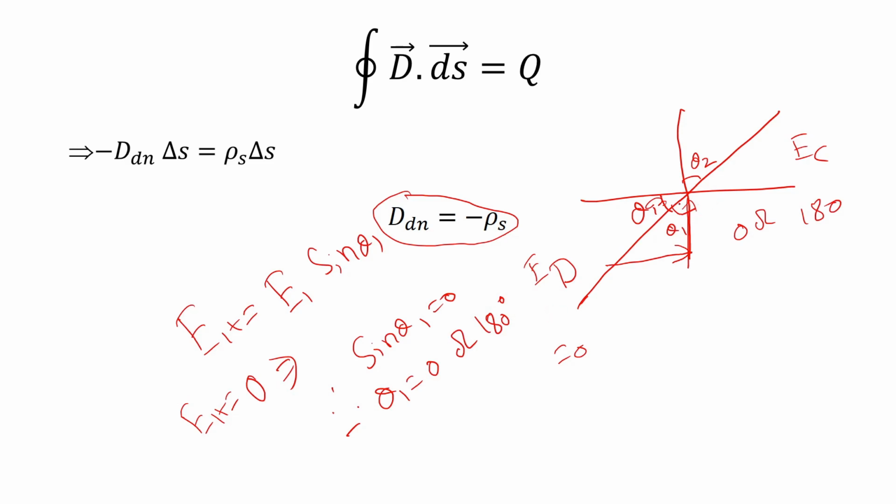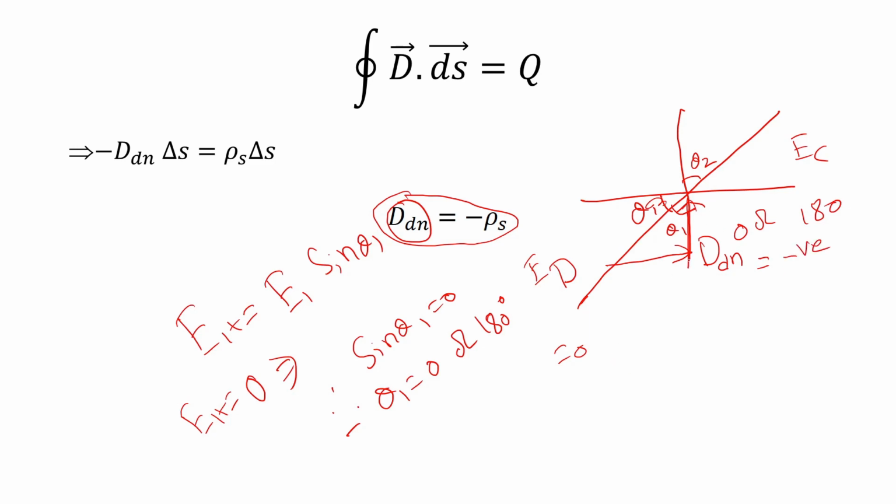If theta equals 0, that means the component of the electric field is along the normal. But we have the value of electric flux density D1n, which we assumed to be in this direction, to be negative.